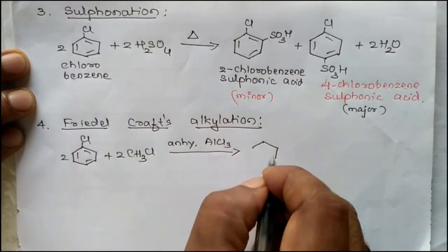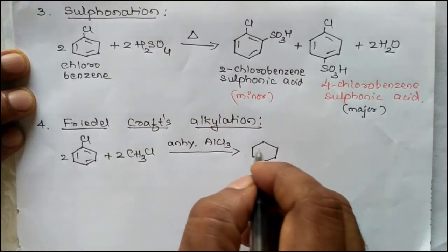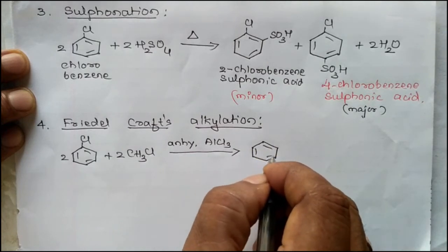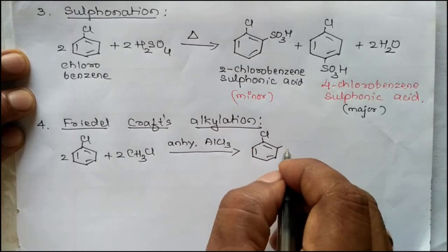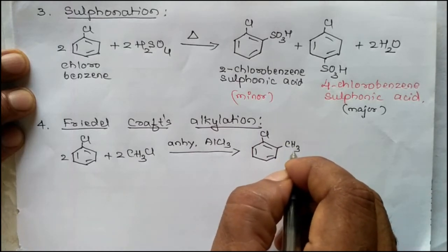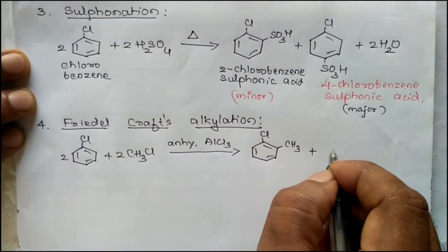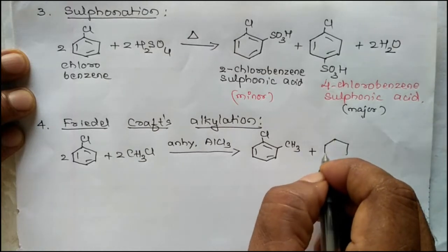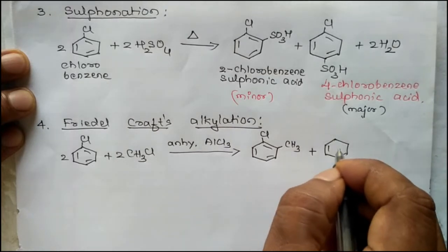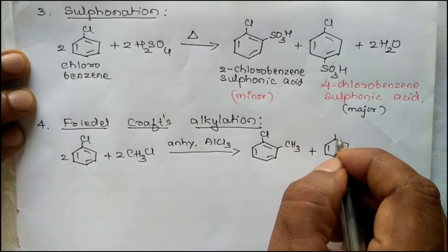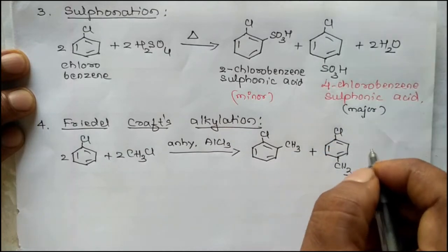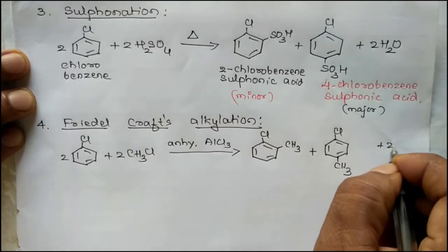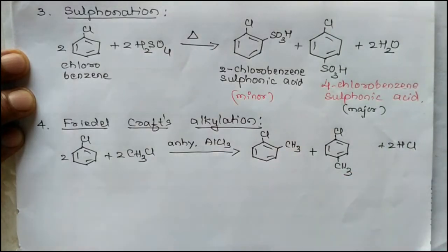A mixture of ortho and para chlorotoluene is obtained. This is CH3, plus this is the para substituted product, here Cl and here CH3, plus HCl.